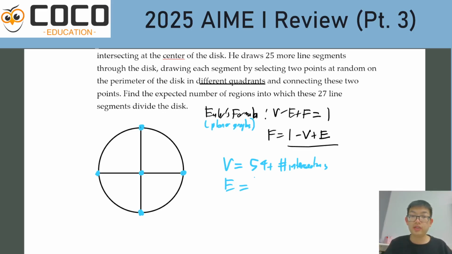The 54 will be the starting point, which is the arcs around the circle. If there were no intersections, then you would have 27 segments. And then after that, you have got the intersections. Each time when there's an intersection, it actually splits 2 lines into 2. So it's plus 2 times the number of intersections.